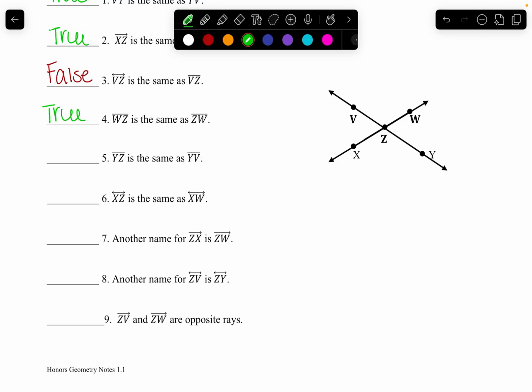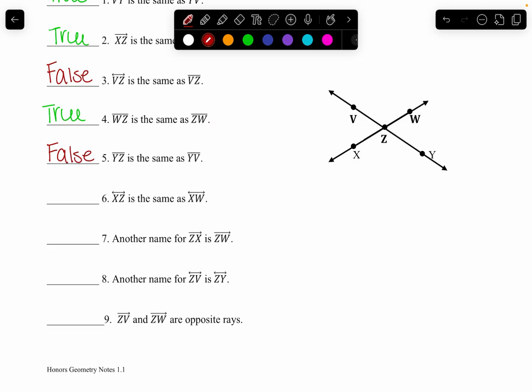So here's YZ. That's line segment YZ. And then it says YV. Here's line segment YV. Are those the same segment? And the answer is no. Obviously, one is shorter than the other. If it asked if they're the same line, we would say, of course they are. But when we're looking at line segments, there's no way that they're going to be the same. So we are going to label this one as false.